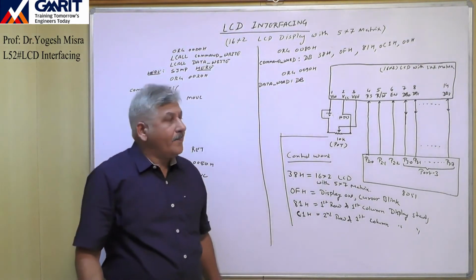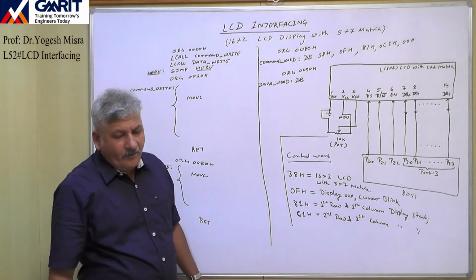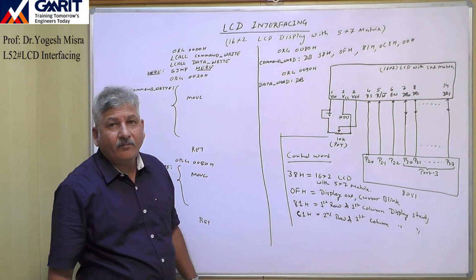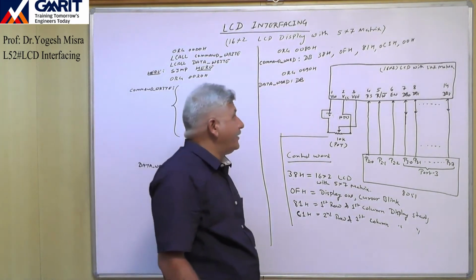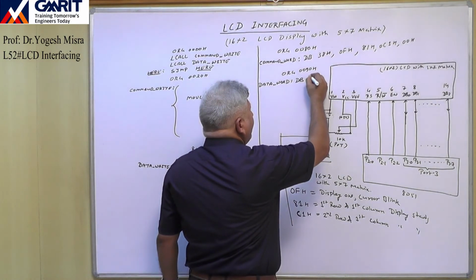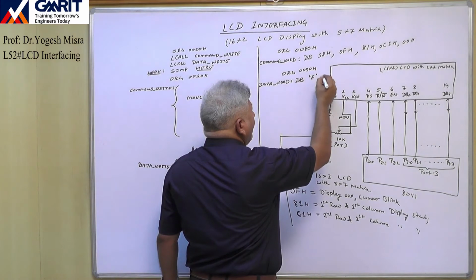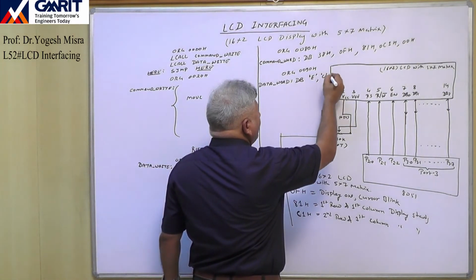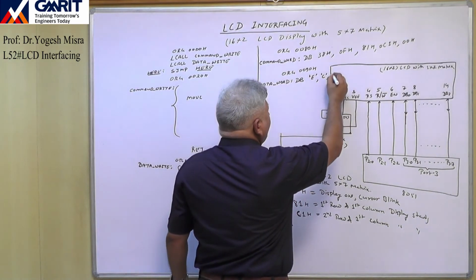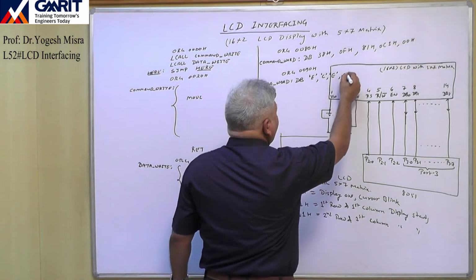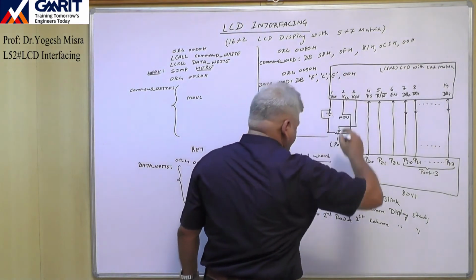So here suppose I want to display the name of my department, ECE. So I will write E in single quote, comma, C in single quote, comma, E in single quote, comma, and after that I will write 00H.